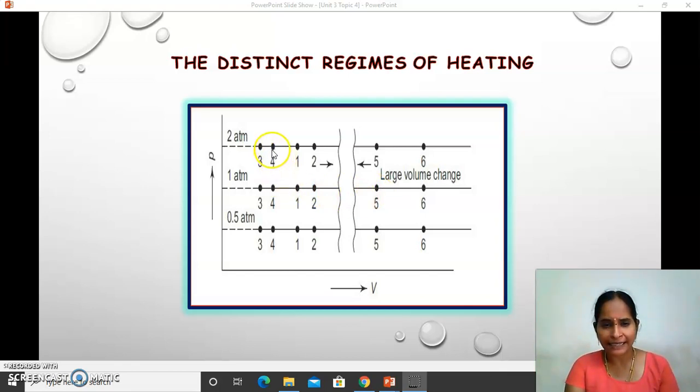Okay, if you conduct the same experiment fixing the pressure at 2 atmospheres, because your pressure is high, before 100 degrees Celsius itself, around 95 or 90 degrees Celsius, you would get the phase change from 4 to 5, but the temperature remains constant. So the latent heat of vaporization would decrease when you increase the pressure.